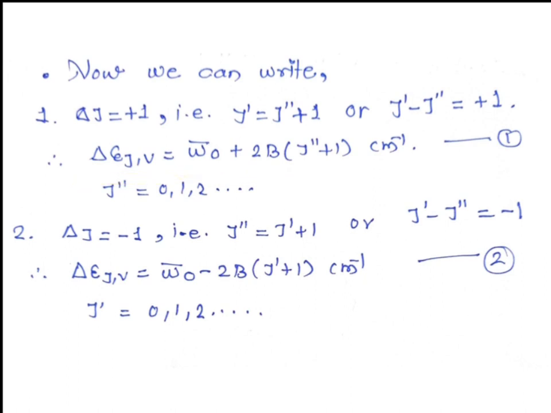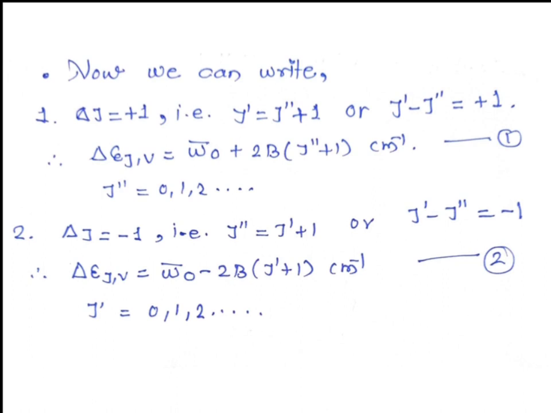Delta E_JV is equal to omega bar 0 plus twice B (J double prime plus 1), and the unit of the energy is per centimeter, and here J double prime is the rotational quantum number of the ground state. It is 0, 1, 2, 3, 4, 5, 6 and so on.